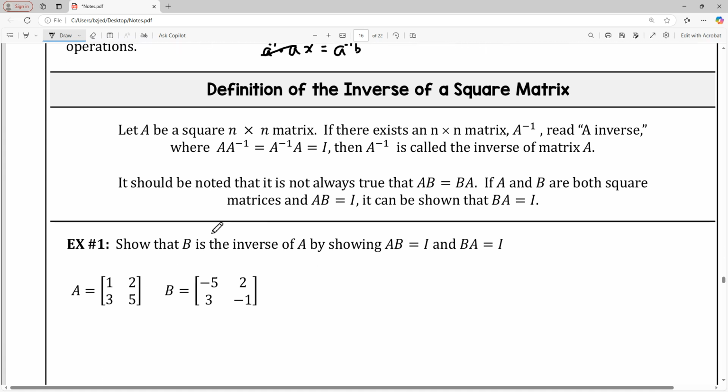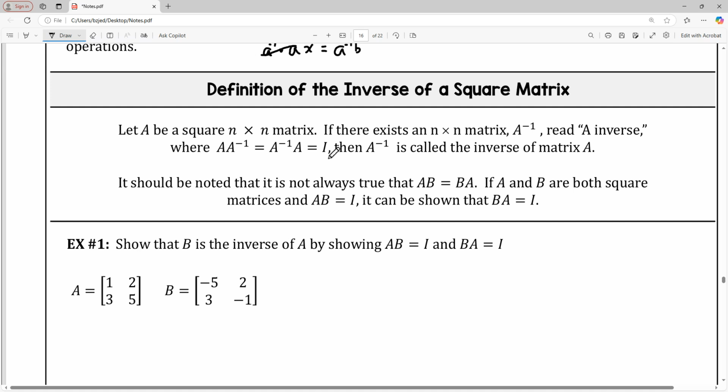In order for two matrices to be inverses of each other, if I were to multiply matrix A times A inverse, the order shouldn't matter. Either way I do it, I should get I, my identity matrix.